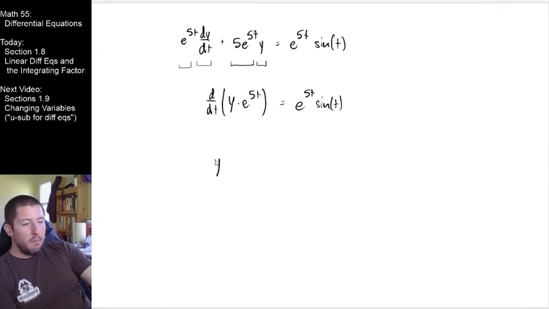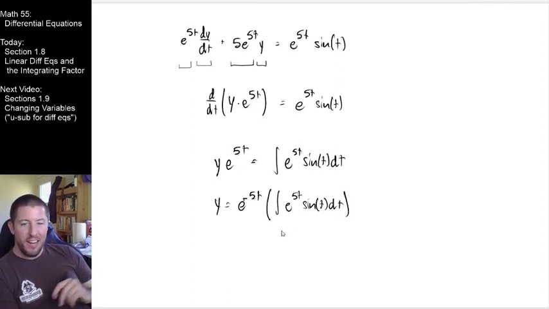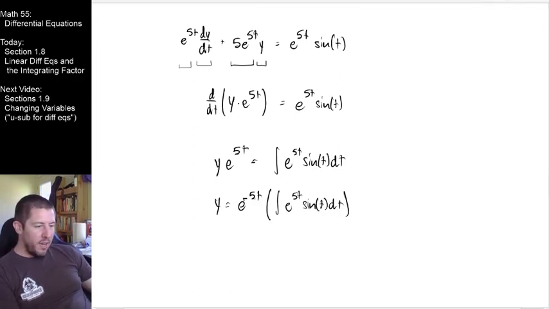I want to integrate on both sides here. y e to the 5t equals the integral of e to the 5t sine of t dt. So in a sense, I could solve for y here right away as e to the negative 5t times the integral of e to the 5t sine t dt. So in a sense, I have my answer, but there's still an integral in it. Unsatisfying. Let's see if we can do this integral.